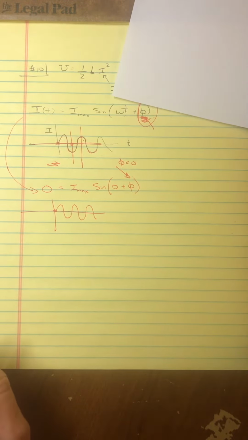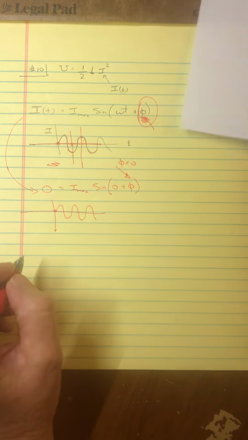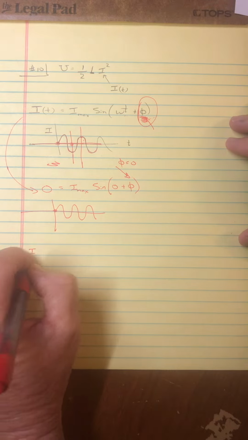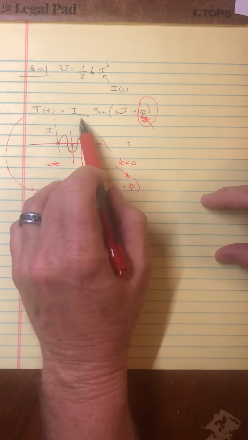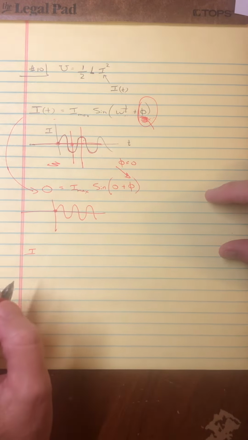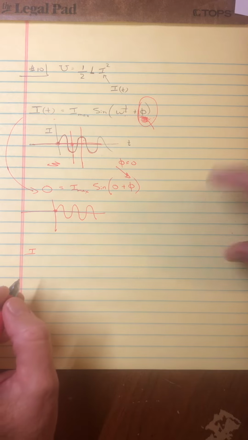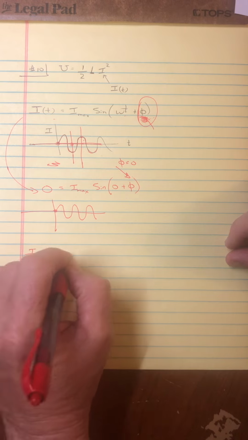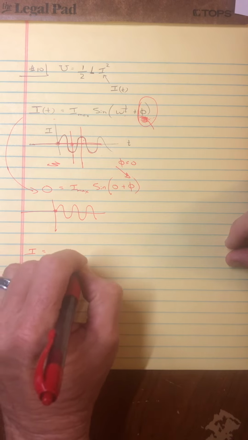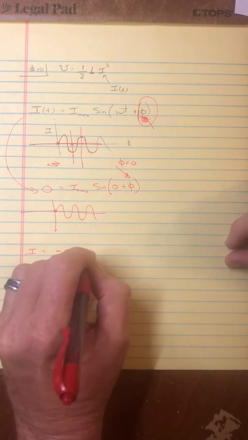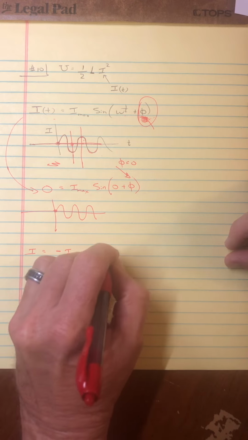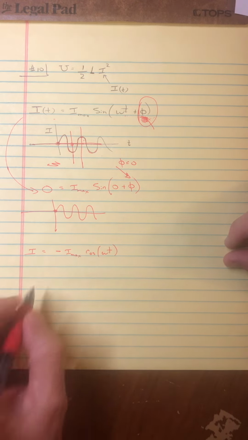The other reason I say that, because if you look at the equation derived in the book, the author takes a different approach and says that the voltage is 0 at time equals to 0. And I believe the author then comes up with a negative cosine function for the current.